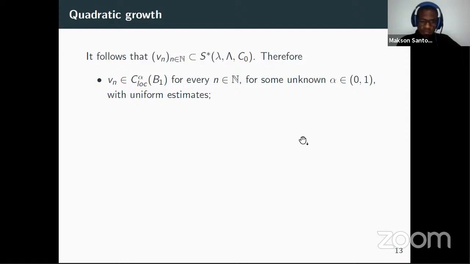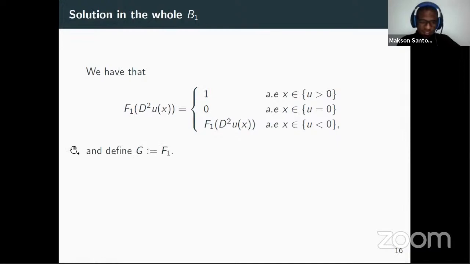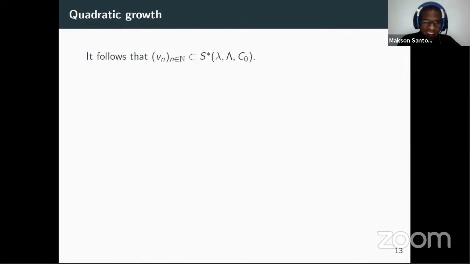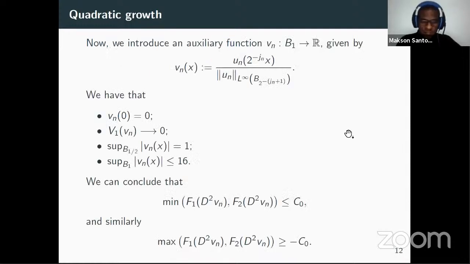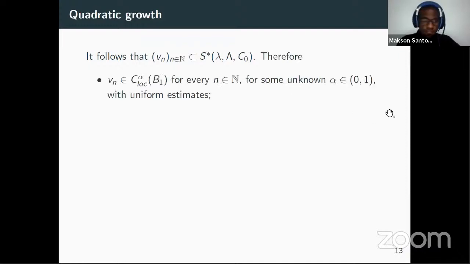And as before, it follows that Vn belongs to this class, and as I mentioned, when I have solutions in this class, I know that they are Hölder continuous locally for some exponent alpha with uniform estimates.